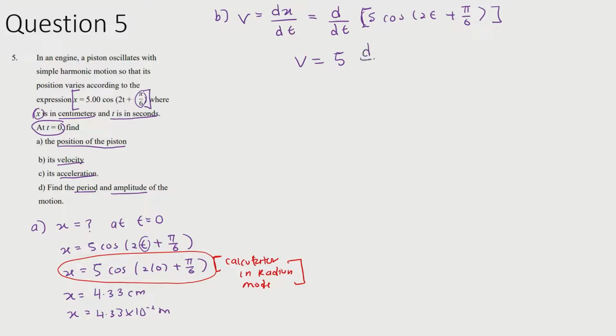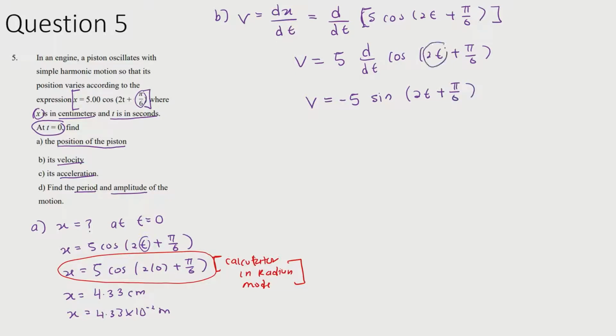We only differentiate cos(2t + pi/6) with respect to time. Okay, now when you differentiate cos, what will you get? Yes, you will get a negative sign. So, your 5, salin balik. So, negative 5. And then differentiate cos akan dapat negative sign. So, negative sign. And then salin balik 2t + pi/6.